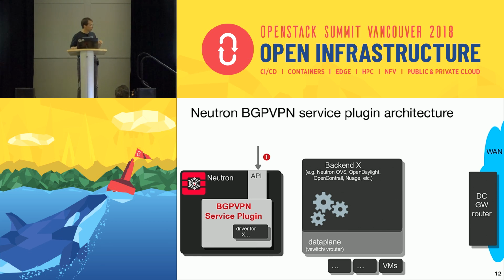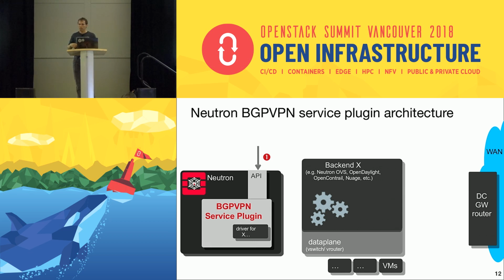The service plugin has a typical driver architecture. The operator of Neutron will have chosen a driver that will be the right driver for the backend that is used behind Neutron. So the backend, what I call the backend here, can be Neutron OVS, Open Daylight, Open Contrail, Nuage, or Neutron Linux Bridge.